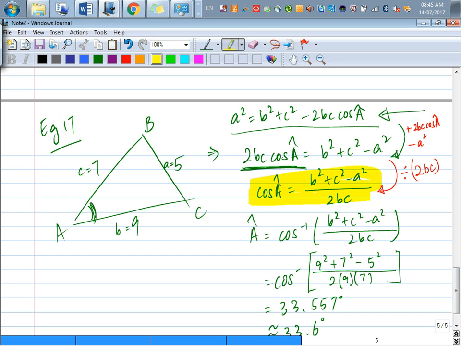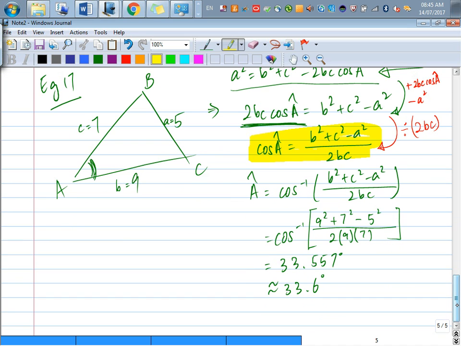All we need to memorize is our cosine rule: A squared equals B squared plus C squared minus 2BC cosine A. Once you have that, you can derive this yellow part yourself. Yes? They will give you the cosine rule, but they will not give you this one. Okay? In your exam, I think they will give you your sine rule also. So let us try Example 17.